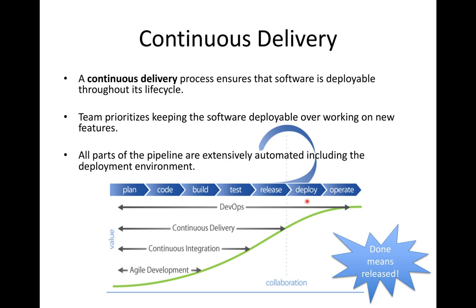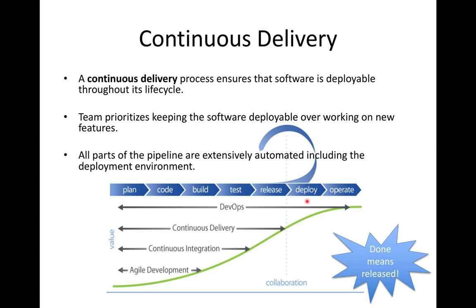If your organization is following this practice of continuous delivery, your software pipeline essentially ends at the release stage. So your software has been fully tested. Perhaps it's been deployed and running in a staging environment, and you're running some smoke tests against that application, and you've essentially proven that your software is releasable.